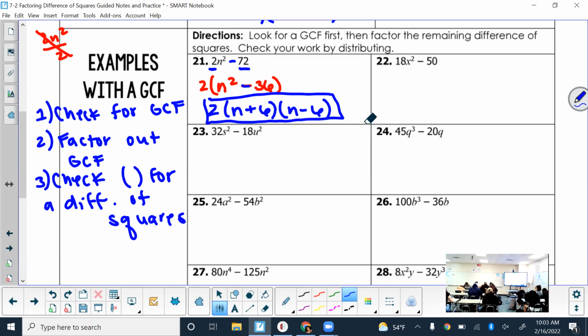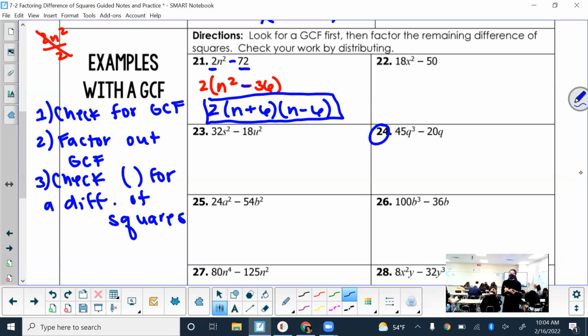All right, then let's look at 24 together. So I have clearly not a difference of squares. 45 is not a perfect square. 20 is not a perfect square. So that gives you a good indication that I should check for a GCF. So what's the GCF between 45 and 20? 5 is correct.